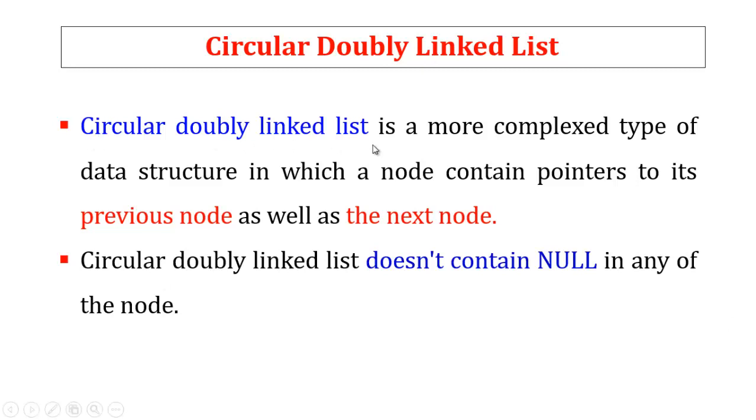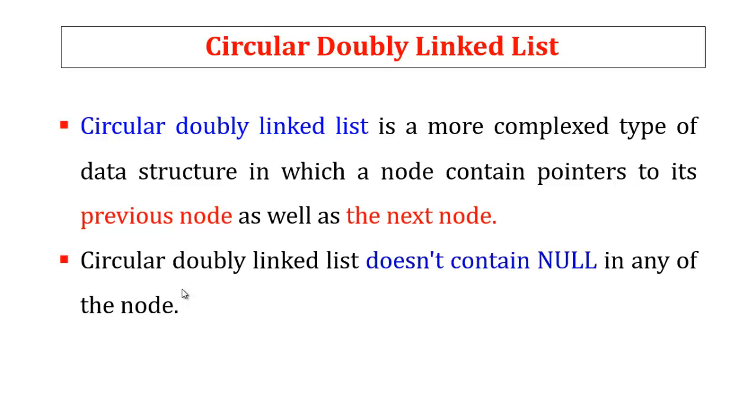So this is the definition. A circular doubly linked list is a more complex type of data structure in which a node contains a pointer to its previous node as well as the next node. Second, a circular doubly linked list does not contain null in any of the nodes. There are n number of nodes present, each with two pointers, the previous node pointer and the next node pointer, and data fields in between.